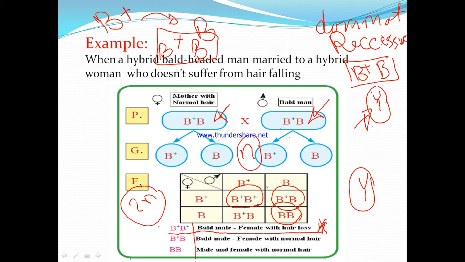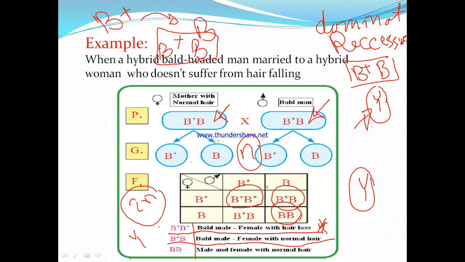For the second genotype, B positive B, the male with Y suffers from a balded head because B positive dominates over B, which is in recessive form or is the recessive allele. But in the female, there is no balded head and no presence of Y, so it will be normal hair.